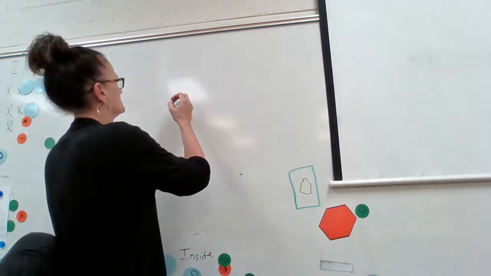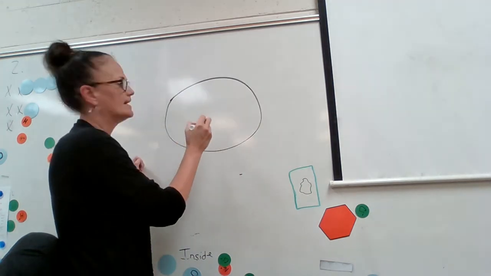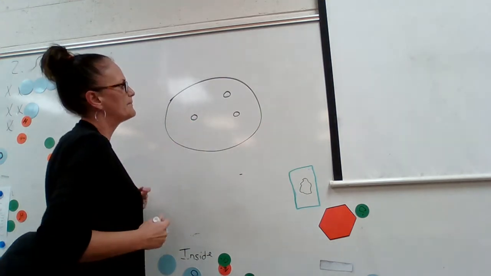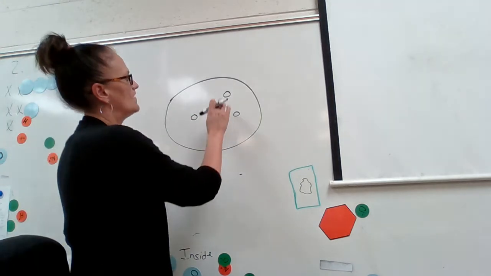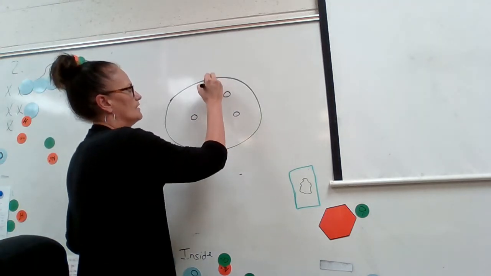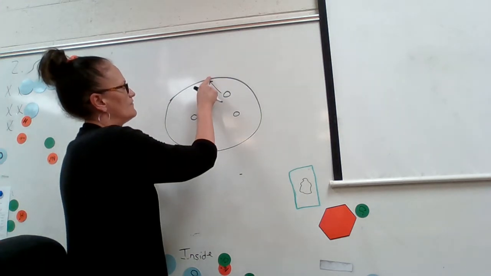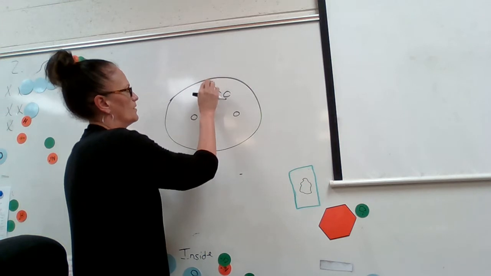So if this is my cell right here, and inside my cell I have these little vesicles like this, well, in endocytosis, these vesicles will move up here to the lipid bilayer. And what they do is they fuse. They'll actually move up here and fuse with the cell membrane.